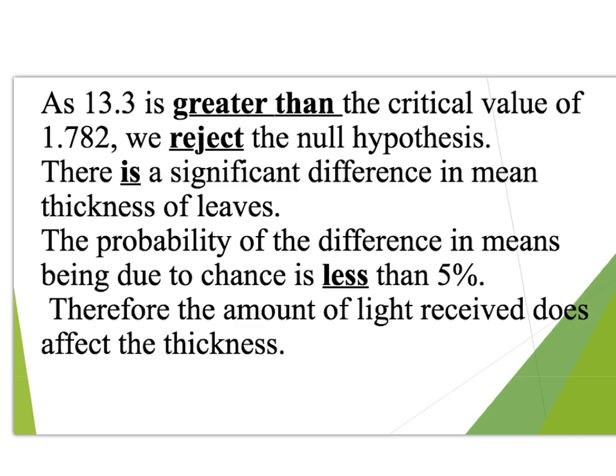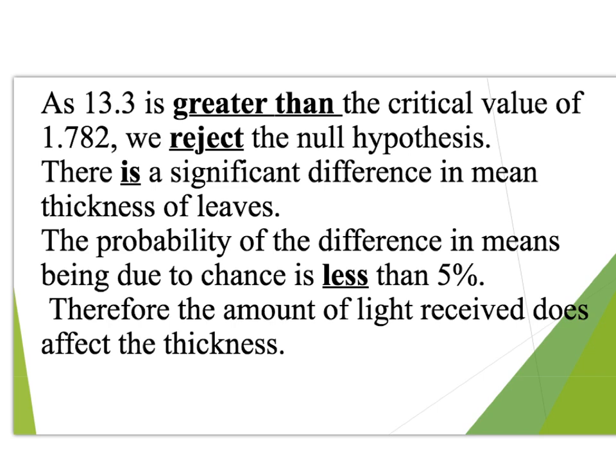If your calculated value is greater than the critical value, reject the null hypothesis. For all 3 statistical tests that you will do, this means that you have a significance. So there is a significant difference, and you have to use the word difference. You can't say significant results, because the t-test looks for a difference. There's a significant difference in the mean thickness of leaves.